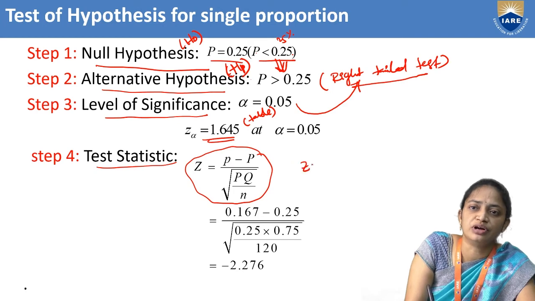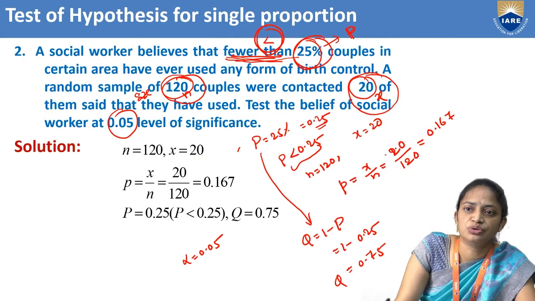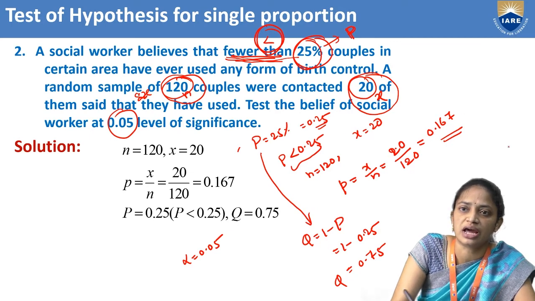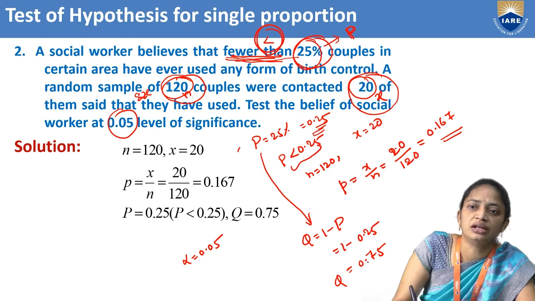Small p is already calculated. Small p is nothing but x by n, where x value is 20 and n value is 120. So small p is 0.167, capital P is 0.25, Q is 0.75, and n value is 120.